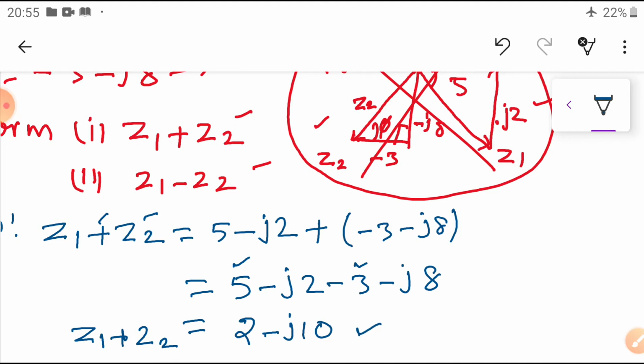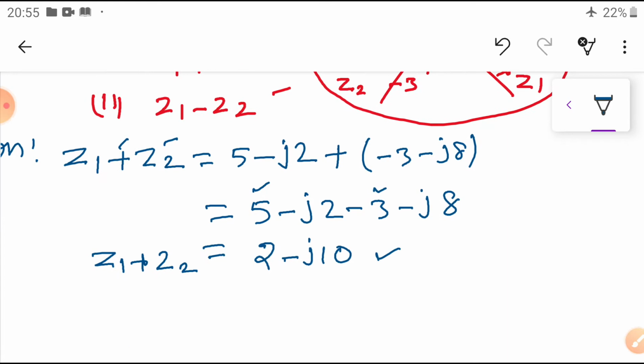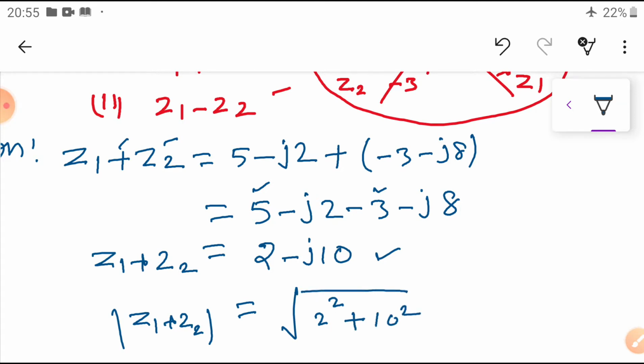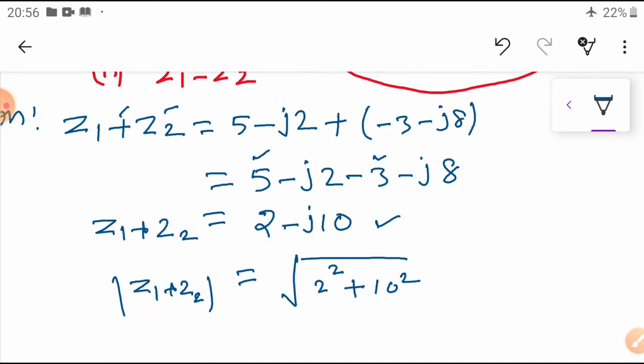Okay. So, this is the answer. Suppose this is enough. If the magnitude is required, what is the magnitude of Z1 plus Z2? It is not asked, but you should know. That is the square root of 2 whole square plus 10 whole square. So, we get the magnitude. And what is the angle?